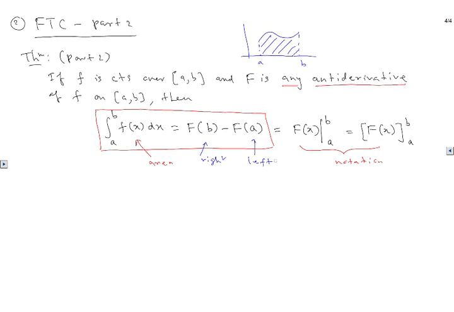Okay, so let's try to do some examples. Find the definite integrals.